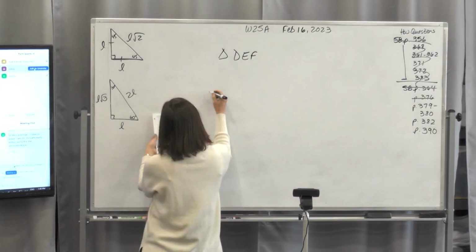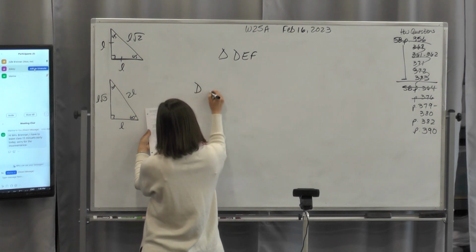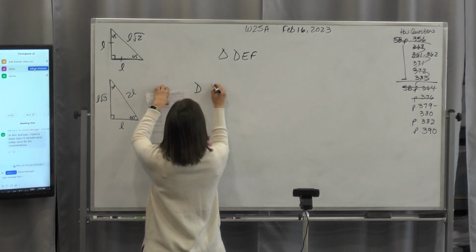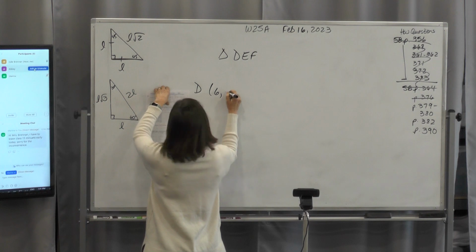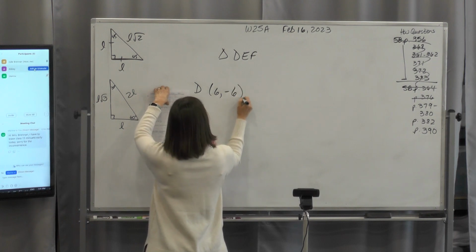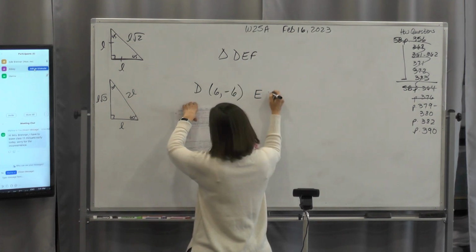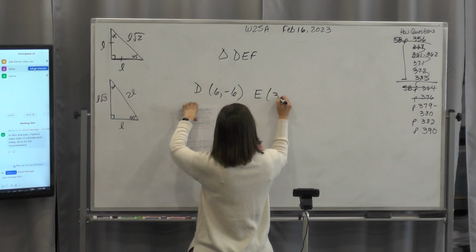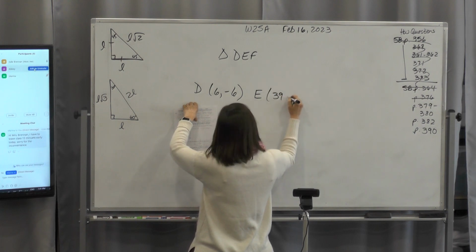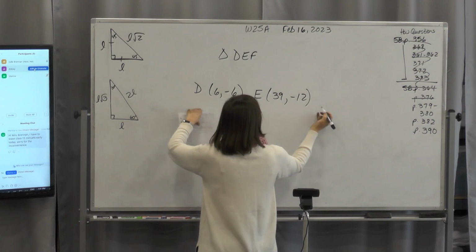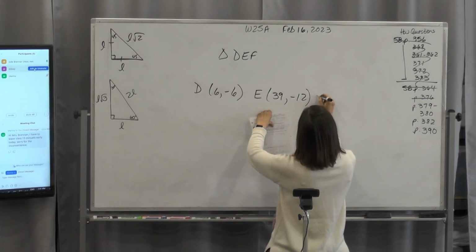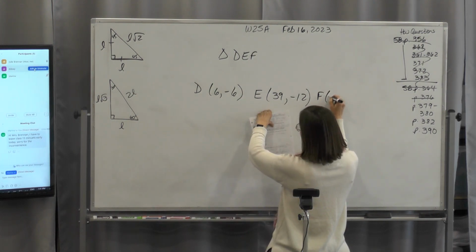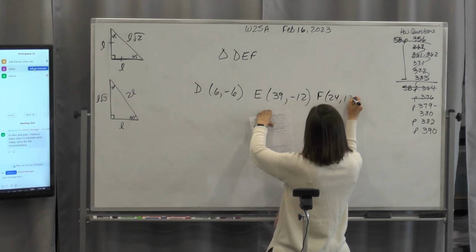I've written this out. I have found this to be kind of an efficient way to do this. I'm a little bit of an efficiency freak. So I'm going to write this. And then you have F, which is 24, 18.